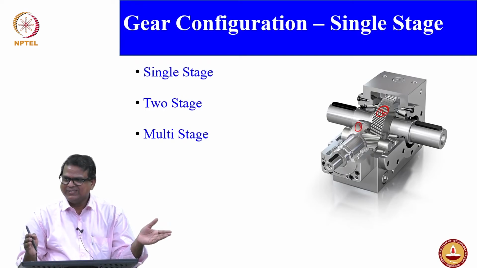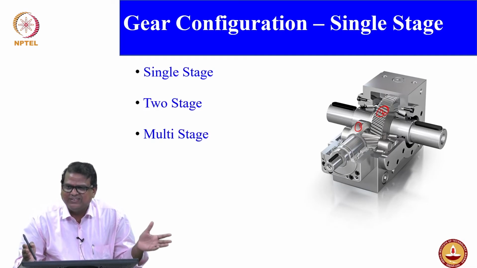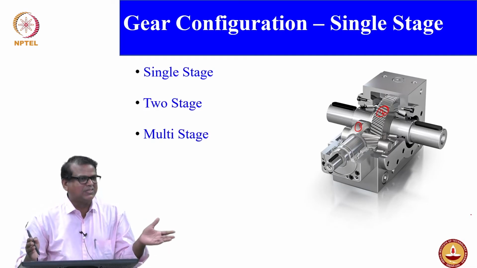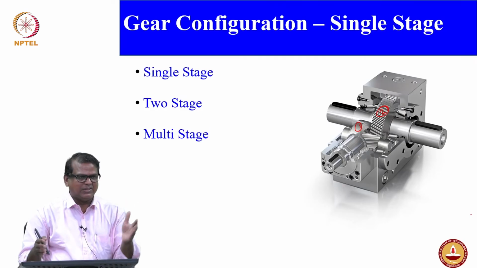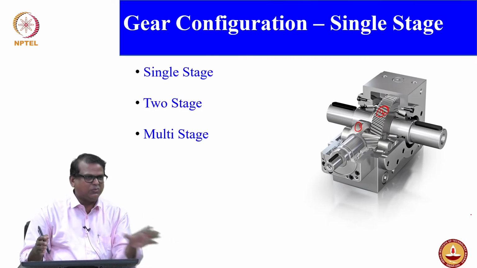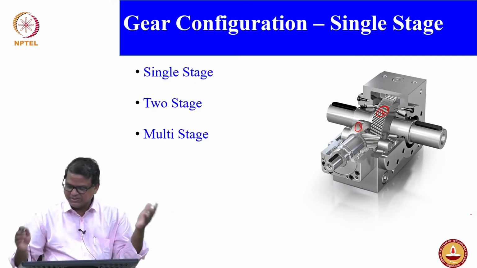Is it doable? What is the need of the gearbox? That was the question. What happens if there is no gearbox and you straight away connect the engine to your wheel through another arrangement? Just think about it.